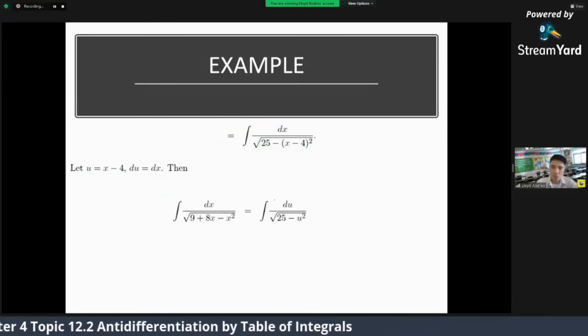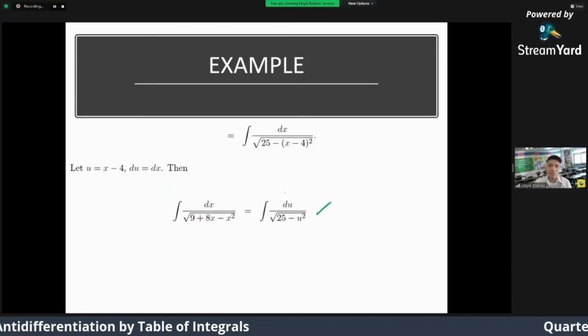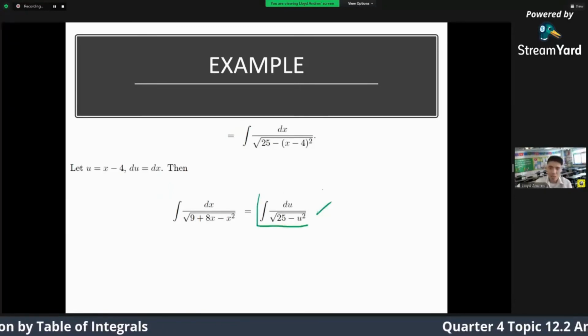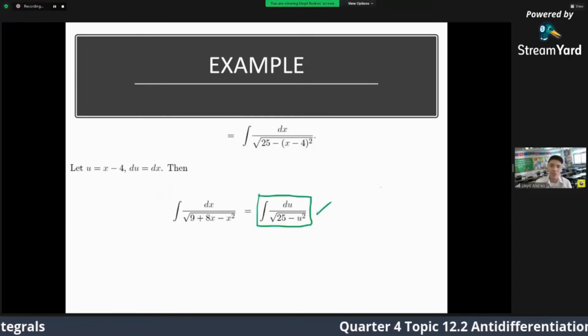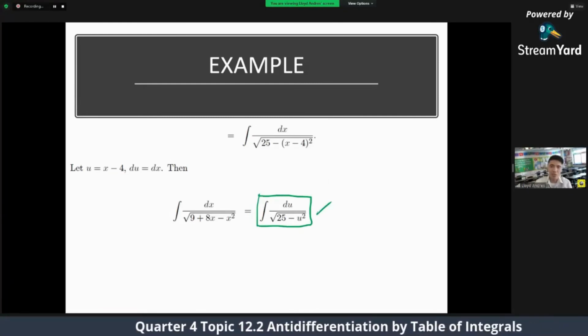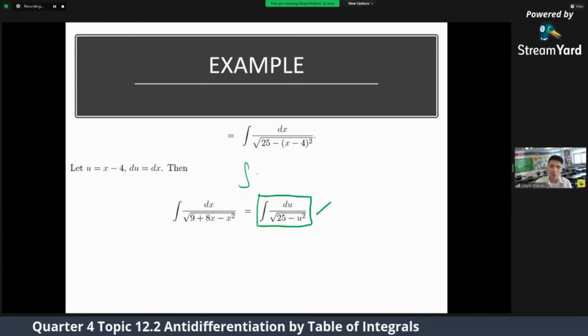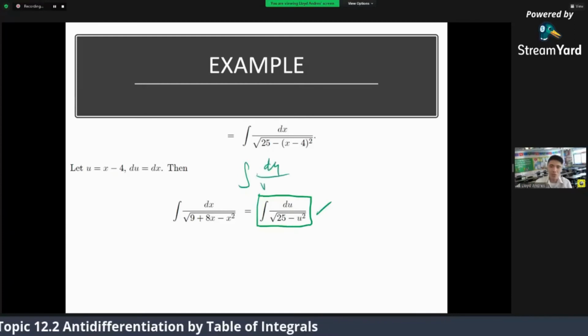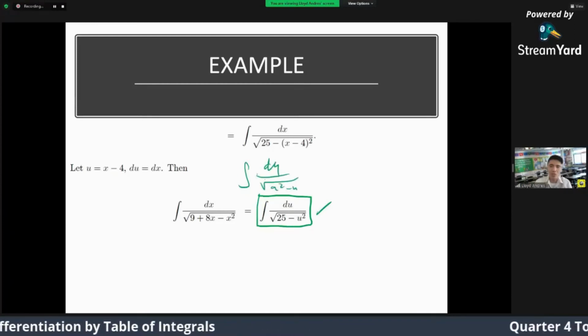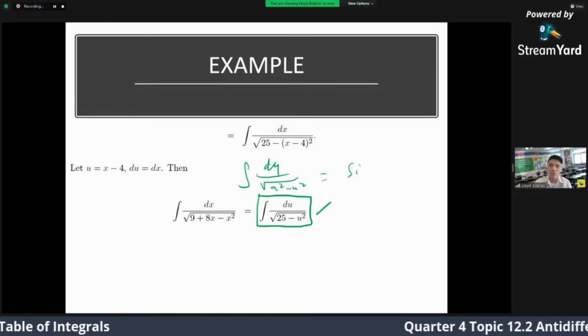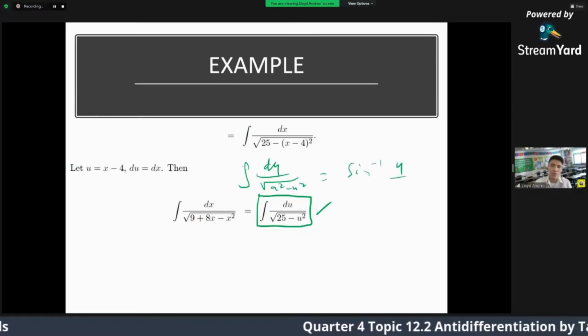Since it has this form, it follows the pattern: integral of du over square root of a squared minus u squared, which is equivalent to inverse sine of u over a plus c.